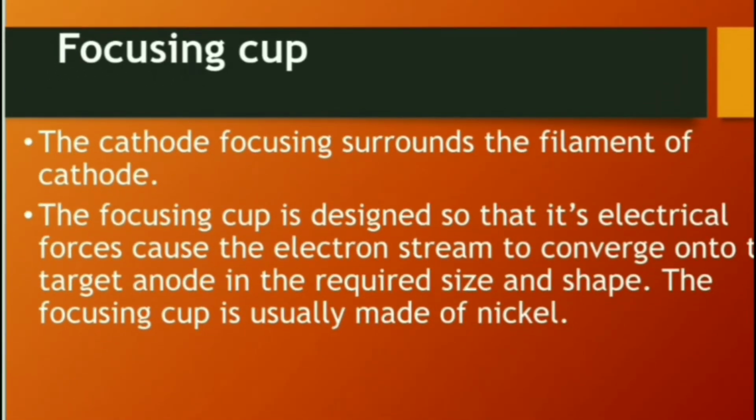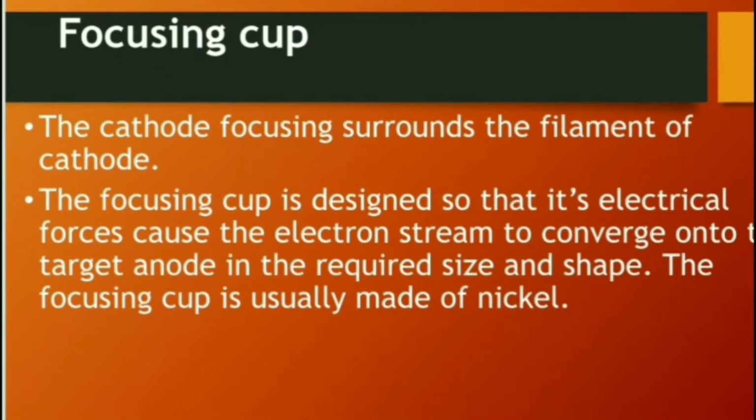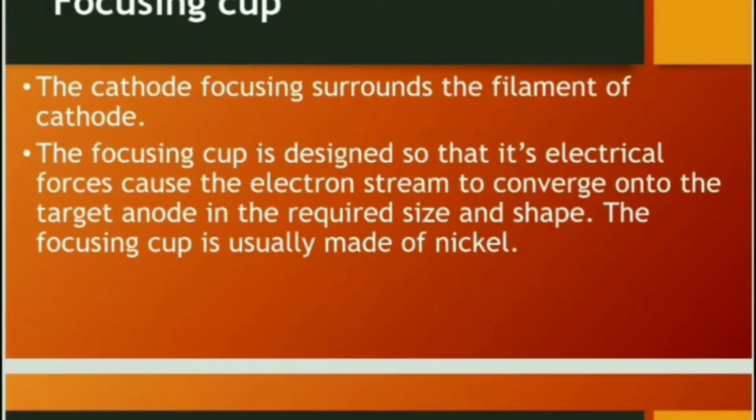Now, electrons are emitted from the tungsten filament in a small cloud in the immediate vicinity of the filament. This collection of negatively charged electrons forms what is called space charge. So here's the definition of space charge: the collection of negatively charged electrons in the vicinity of the filament.